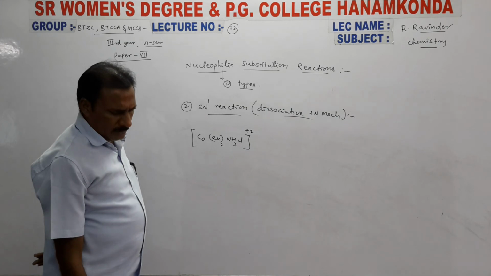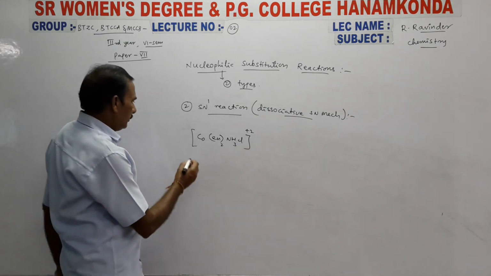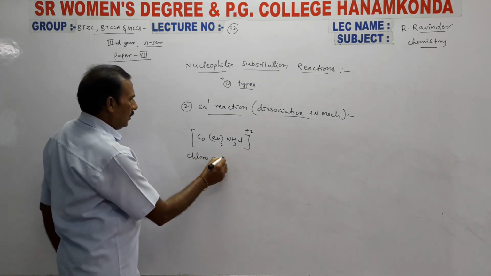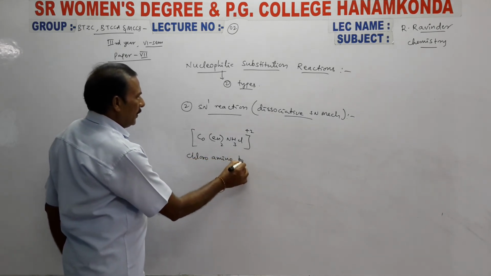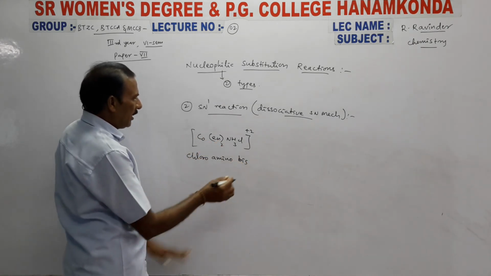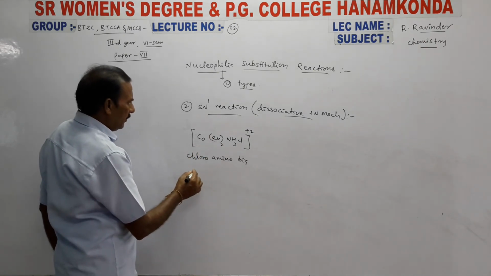This is called chloroamminebis(ethylenediamine)cobalt(II) ion. Bis means 2, bis or di.